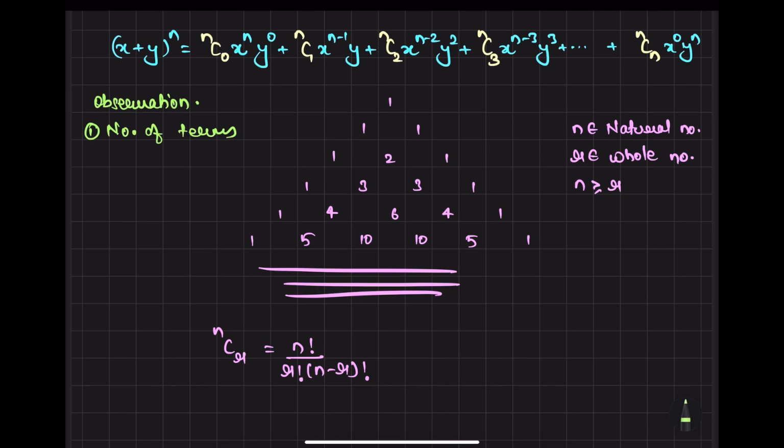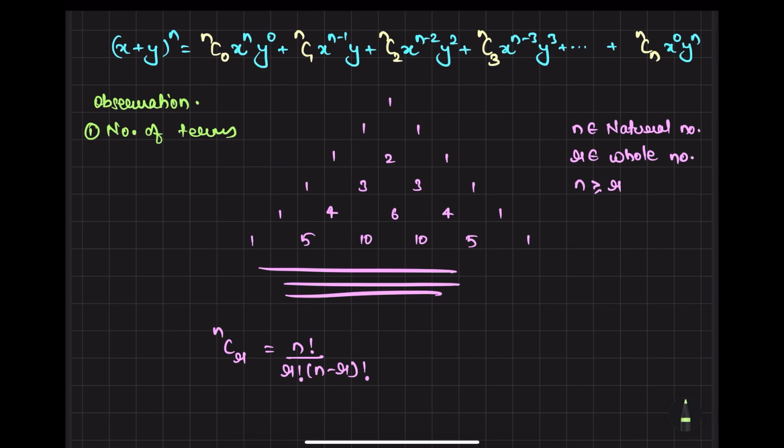Suppose that the power is 0. If the power is 0, you will be taking help of the first row. In the first row there is one element. So if you expand (x + y)^0, it will become 1. The number of terms will be 1.